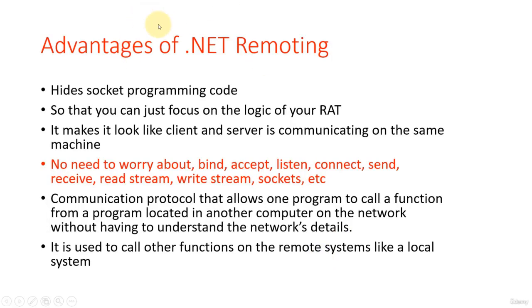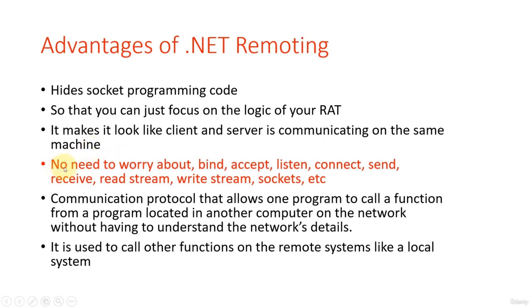So what are the advantages of .NET remoting? First, it hides socket programming code so that you can just focus on the logic of your RAT. It makes it look like the client and server are communicating on the same machine.